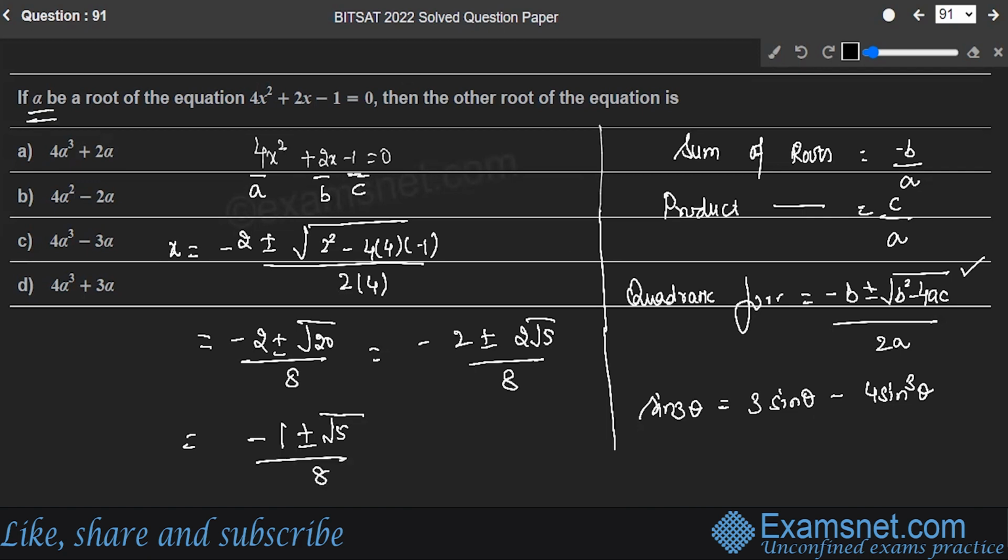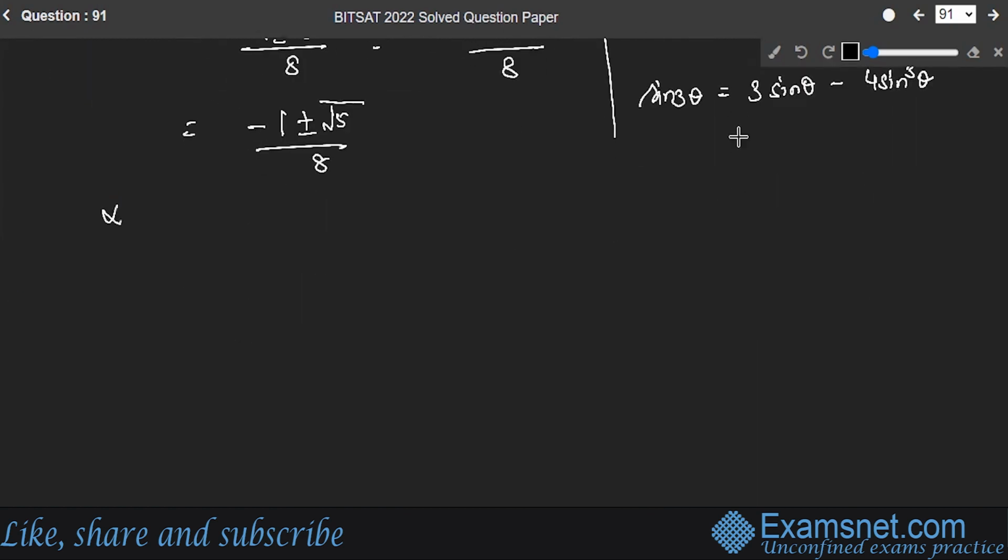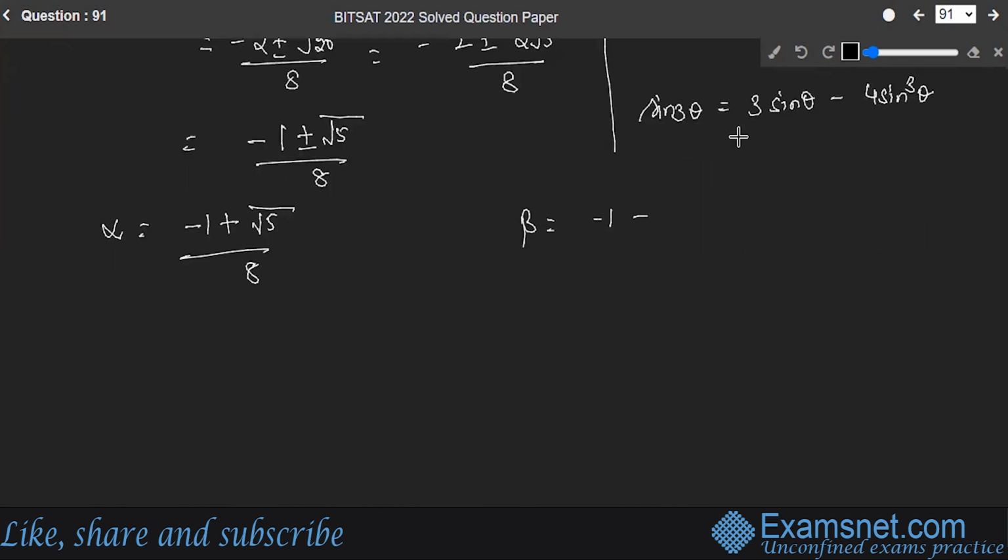If we take alpha as one of the roots, let the other root be beta. So these are the two values: alpha is minus 1 plus root 5 upon 8, and beta is equal to minus 1 minus root 5 upon, sorry, here it was supposed to be 4 because I have divided the numerator and denominator by 2.